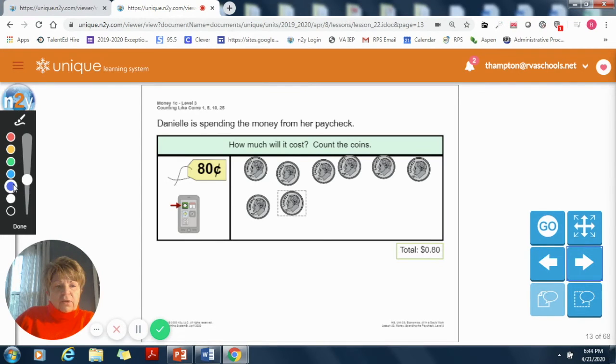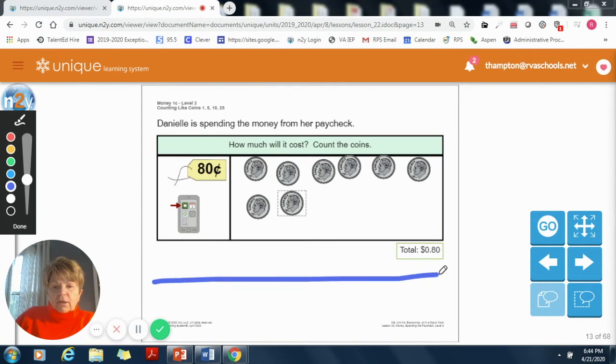So we know that we can draw our number line, make it a little bit larger this time. 1, 2, 3, 4, 5, 6, 7, 8, 9, and 10.